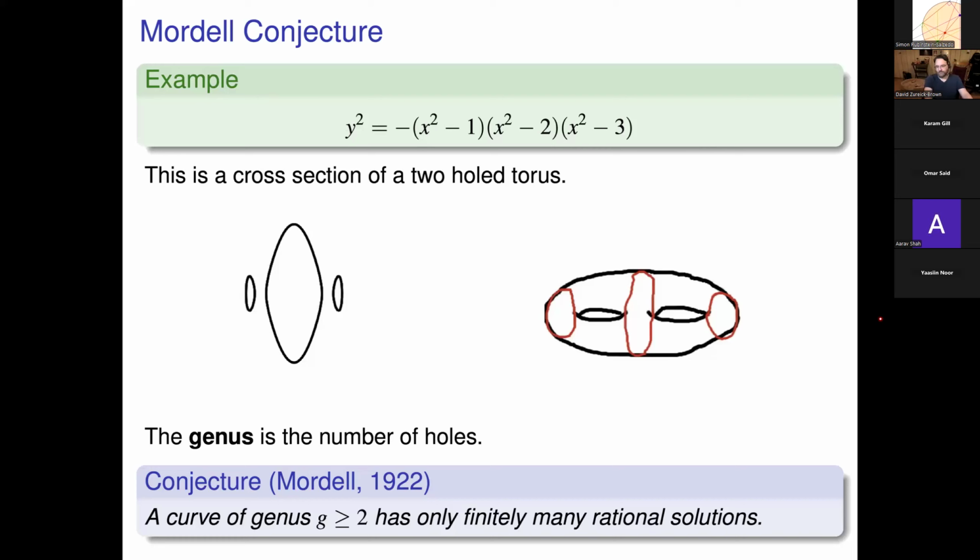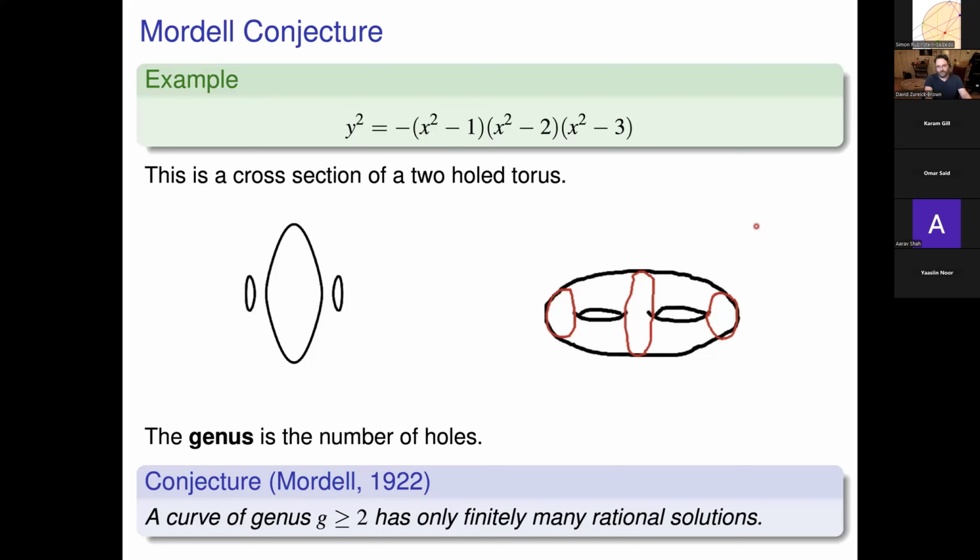There might be less clear solutions. And this is a crazy conjecture, especially for the 1920s. It's saying that the topology, the complex solutions, and the picture you get somehow is connected to the integer or rational solutions.